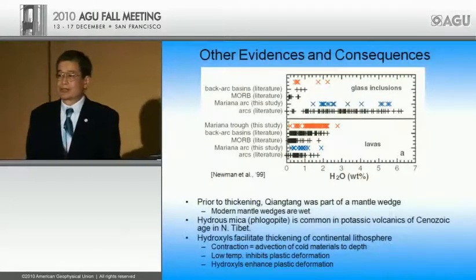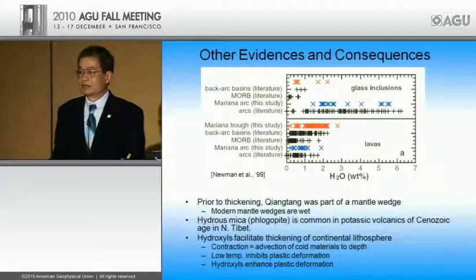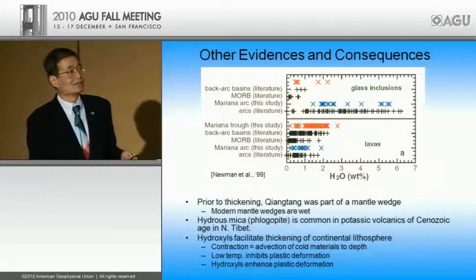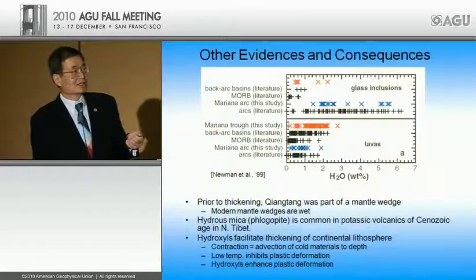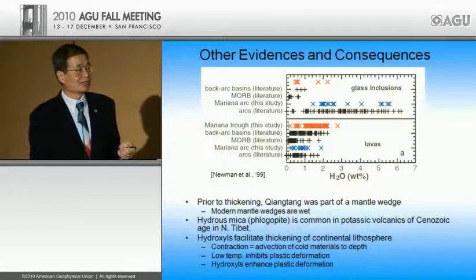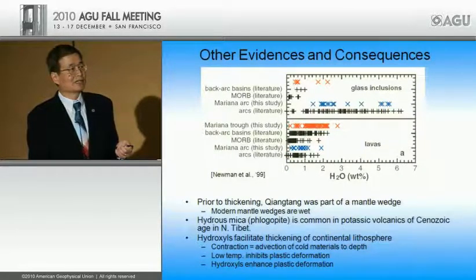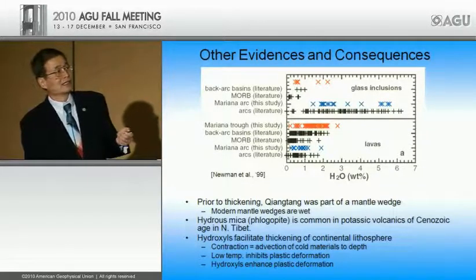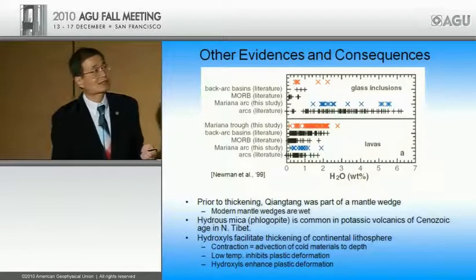Well, I hope you're absolutely convinced about this interpretation. If not, there's some supporting evidence for this. Before thickening of the lithosphere, the Changtang terrane was part of a mantle wedge. And we know modern mantle wedges are very wet. And this is some nice data from different island arcs.